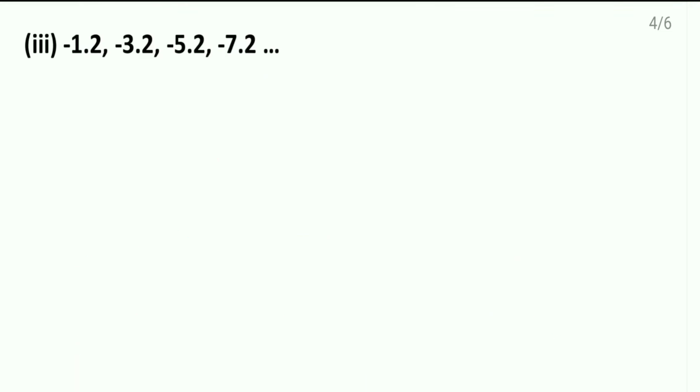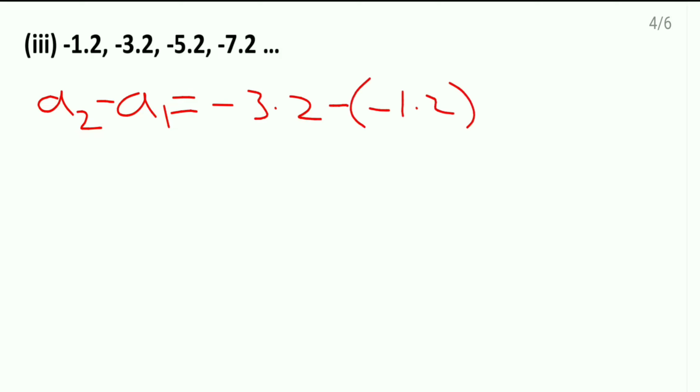Come to the next sum here. Here once again, I'll write down A2 minus A1, minus 3.2 minus minus 1.2. See, once again I am telling you, you're supposed to be very careful about the negative signs, which is equal to minus 3.2 plus 1.2, and your answer is minus 2.